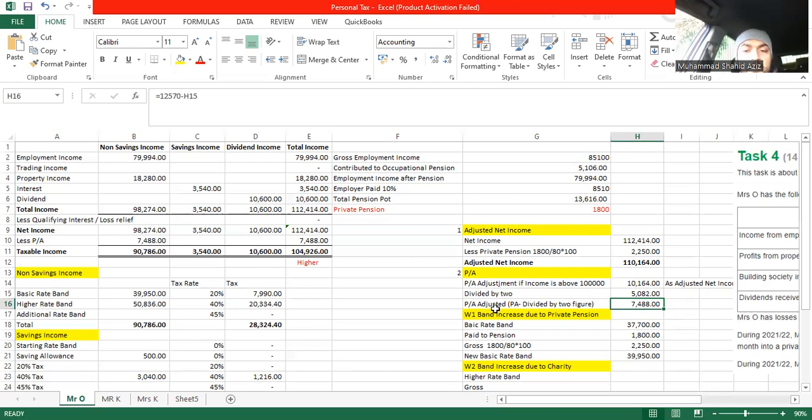The next thing is the yearly personal allowance is 12,570. So we need to minus this 5,082 from that one. So the personal allowance left will be 7,488.